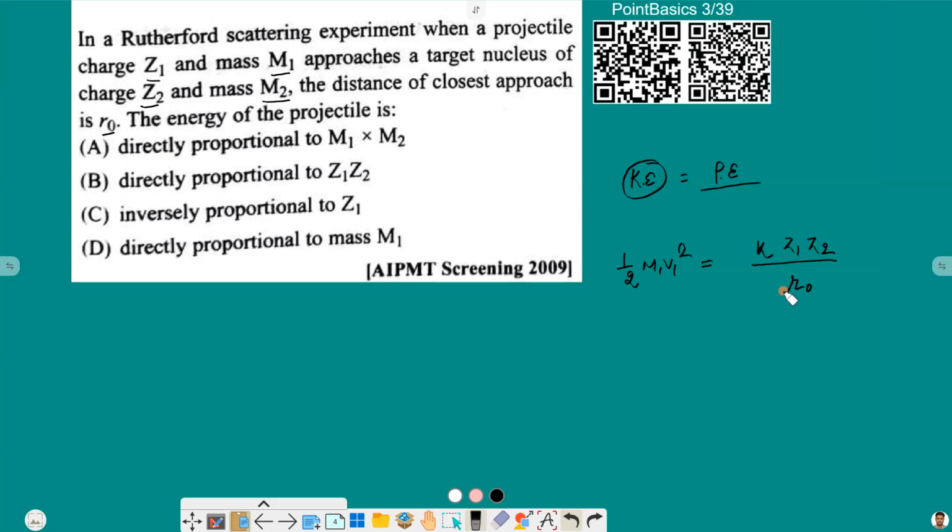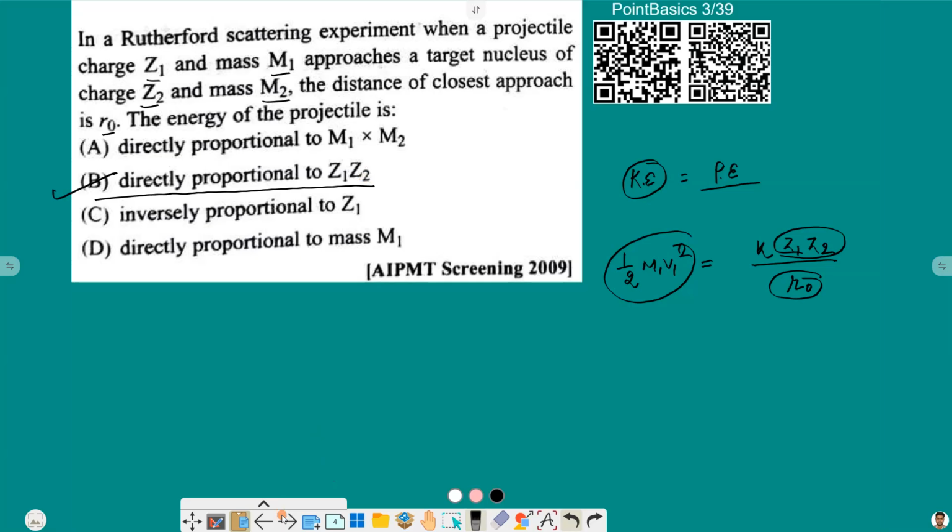So this will be the formula, and from this we can say this energy is directly proportional to Z1 Z2 and inversely proportional to r naught. And here we have option B, directly proportional to Z1 Z2.